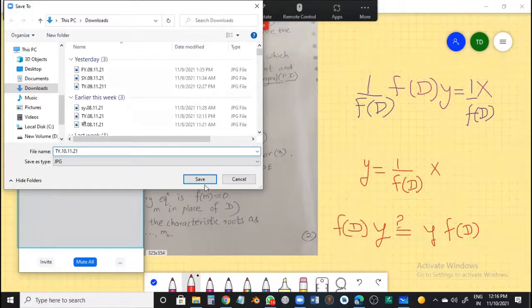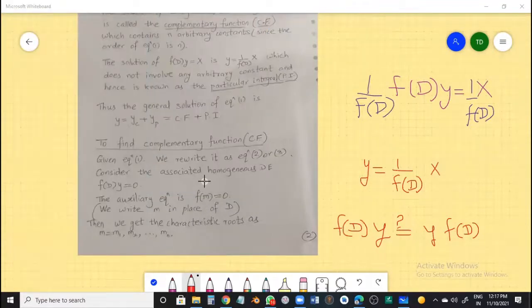Yes, anyone? Okay, I got your problem. You are not able to visualize what is f of D, so I would like to help you with this.